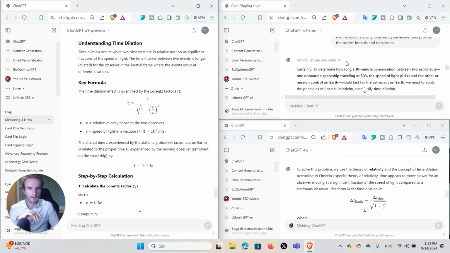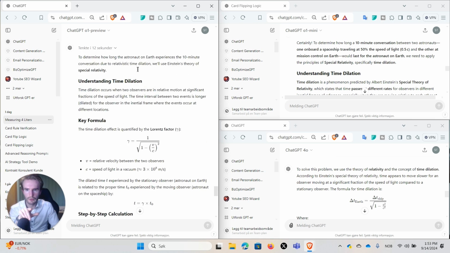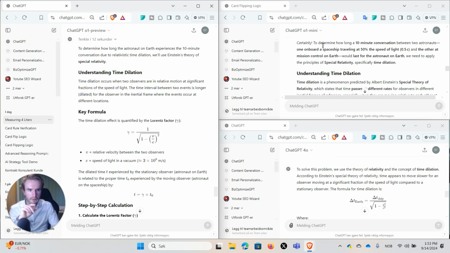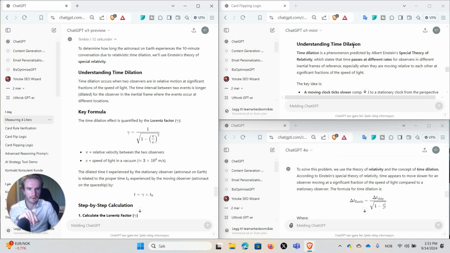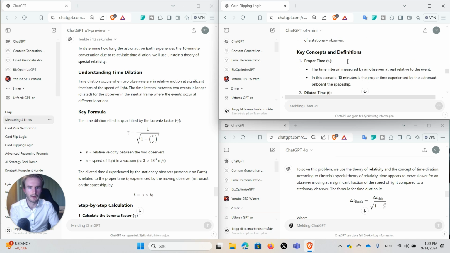And then let's see, okay, here is a more elaborate explanation than in O1 preview actually, and then understanding time dilation, it's also a bit better explanation there, it seems, going into the special theory of relativity, time passes at different rates, and then the key idea, and then goes over to the key concepts and definitions.